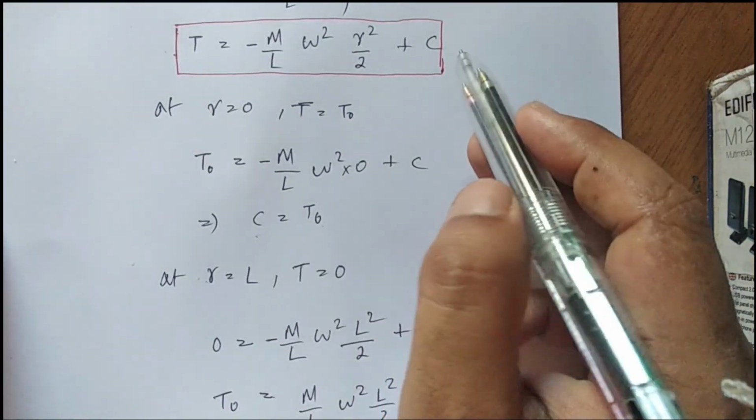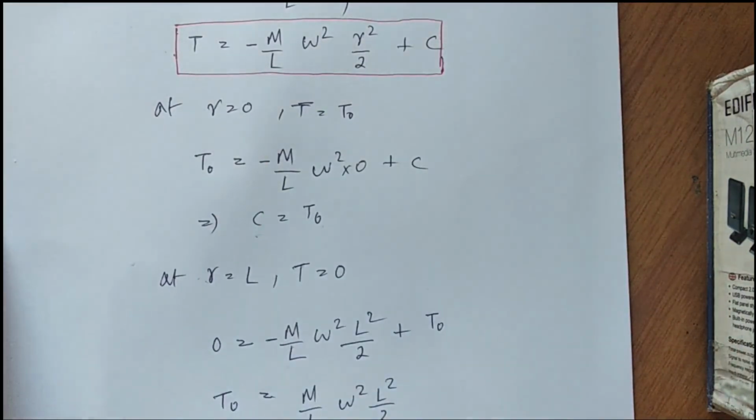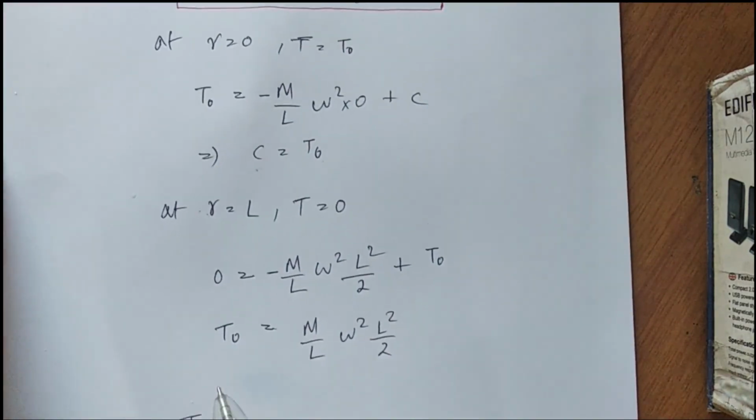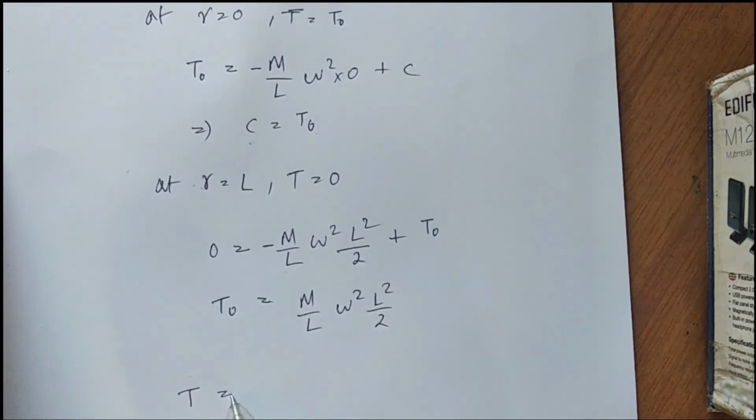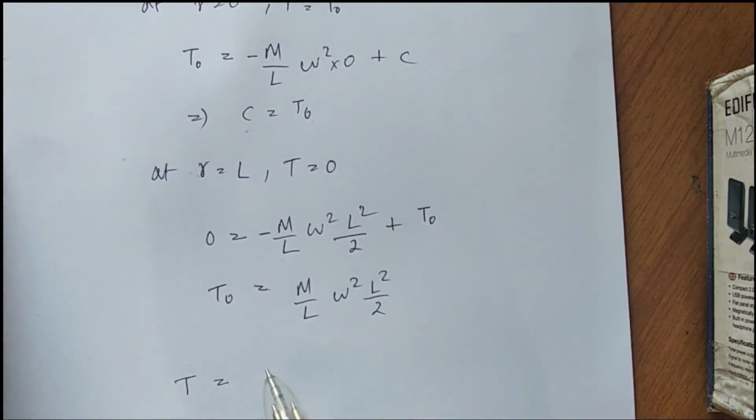T is equal to minus M by L omega square R square by 2 plus C, which is nothing but T naught.